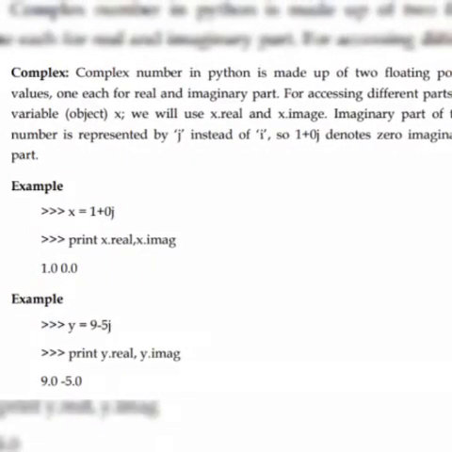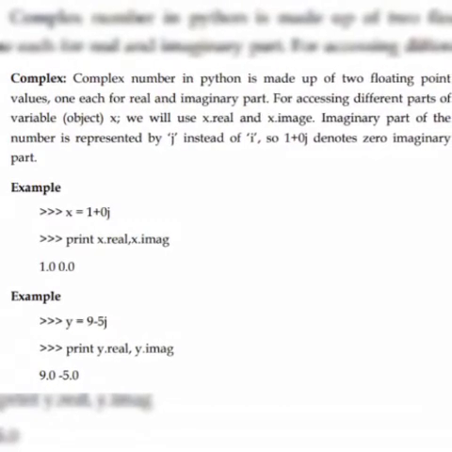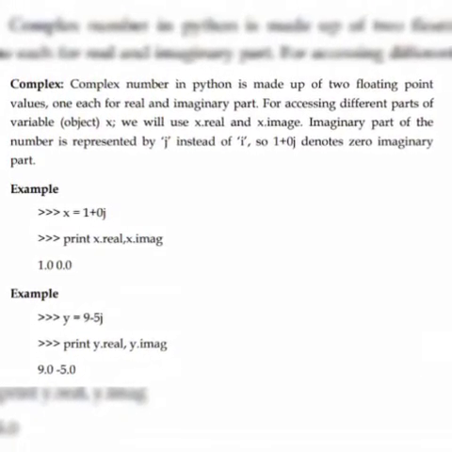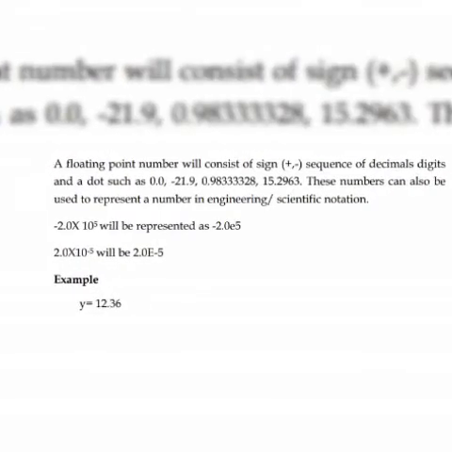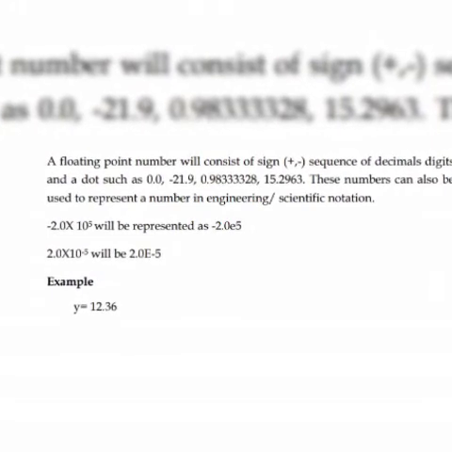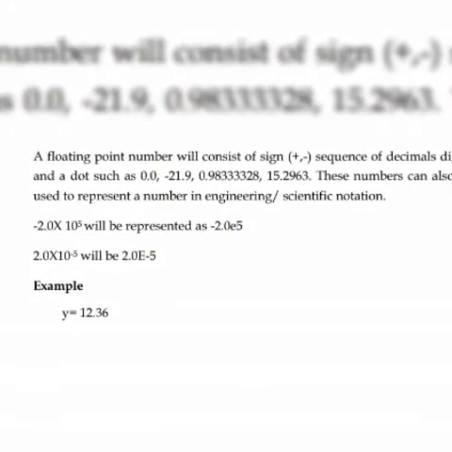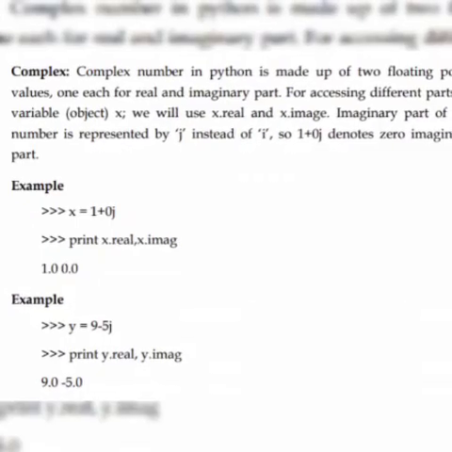For example, if x is an object, then to access it we write x dot real, that is, to access the real part, or the imaginary part.